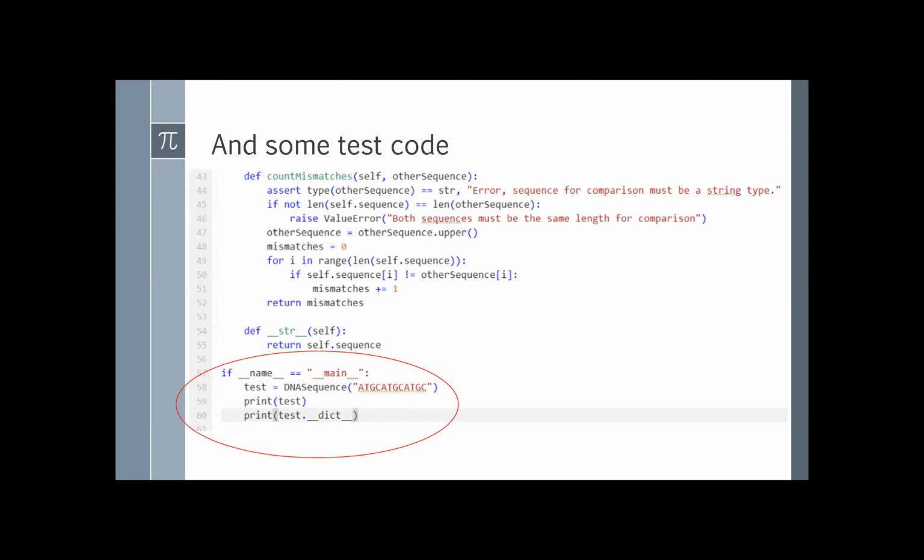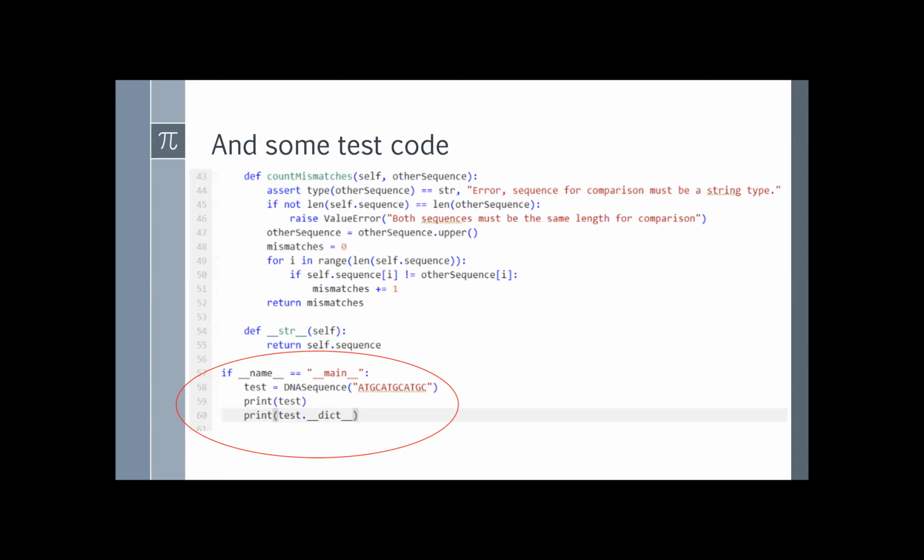Putting self here wouldn't do anything because self is actually undefined outside of the DNA sequence object. So self is usually going to be the first argument, but it's actually passed silently in there.